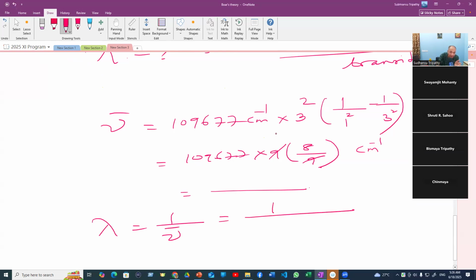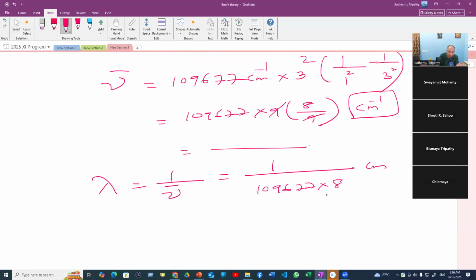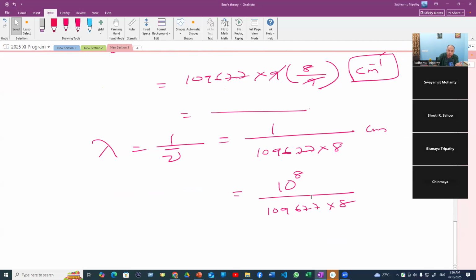So 1 by 109,677 into 8. This is centimeter. The inverse of centimeter inverse is centimeter. And immediately we convert it to angstrom, because angstrom is the convenient unit. So if you convert into angstrom, that becomes 10 to the power 8 into 109,677 into 8.